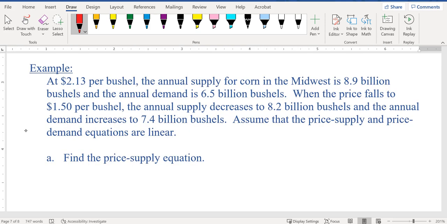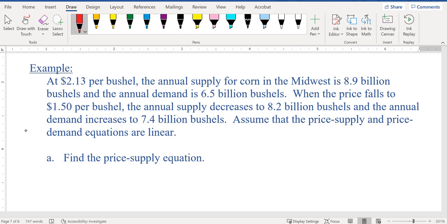Okay, the example: at $2.13 per bushel, the annual supply for corn in the Midwest is 8.9 billion bushels, and the annual demand is 6.5 billion bushels.